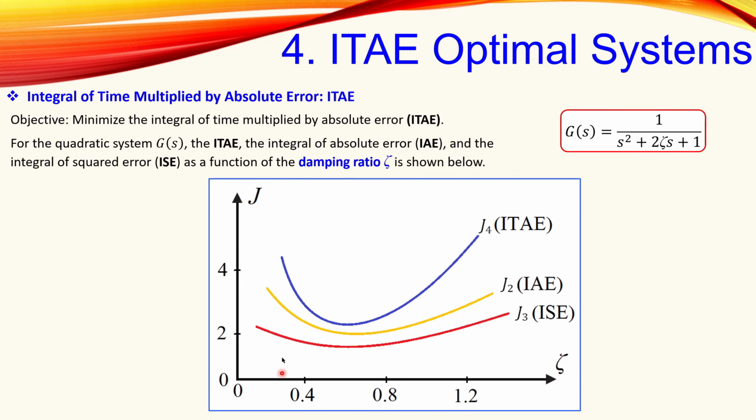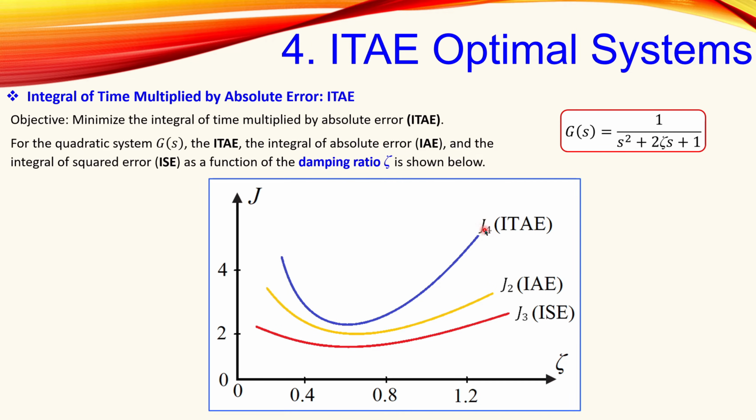What you see is the following. This is the index, so how large that index is. This is that zeta for the second order system, very general. So we have a natural radian frequency of 1 here, and also the DC gain here is 1. So very standard second order model.